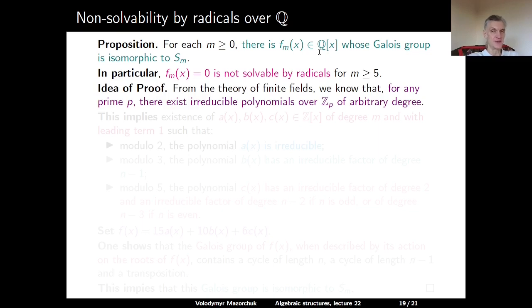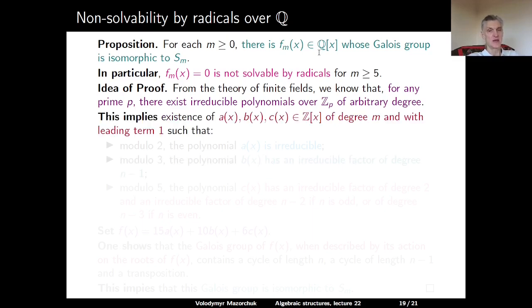From the theory of finite fields, we know that for any prime p and for any positive integer degree, there exists an irreducible polynomial over Zp of that particular degree. Using this, one can construct polynomials a of x, b of x, and c of x with integer coefficients of degree n, and with leading term 1 such that modulo 2, when we reduce a of x modulo 2, we get an irreducible polynomial.